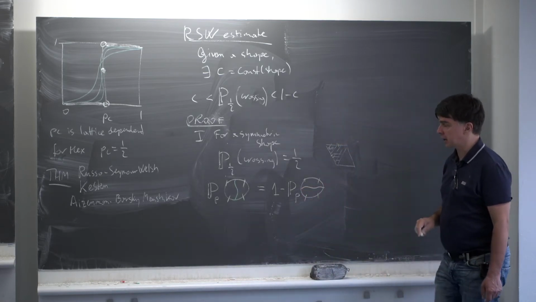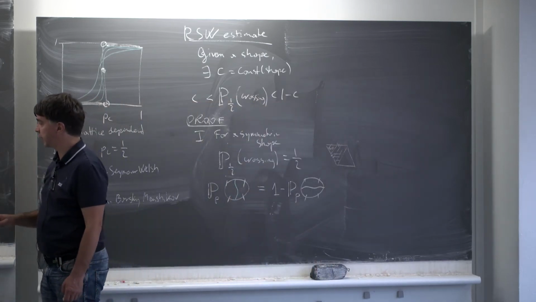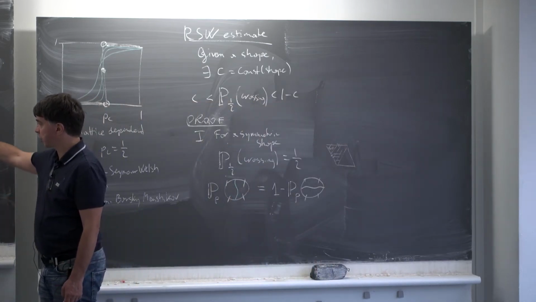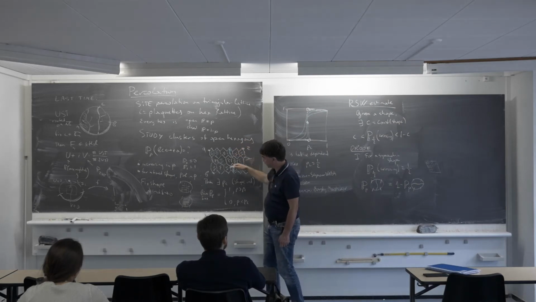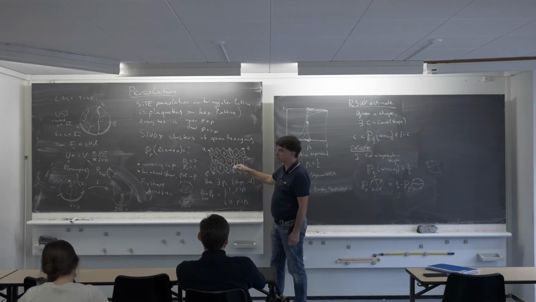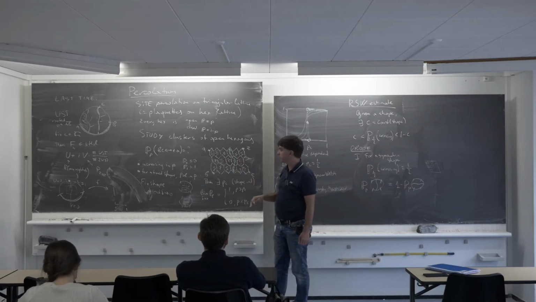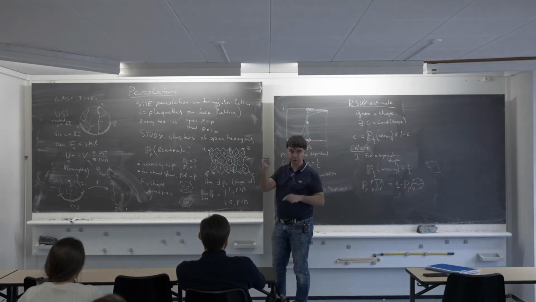This is a property of this particular graph being trivalent. If there is a blue crossing, there is no yellow obstruction. You cannot draw a yellow thing. On the other hand, if there is no blue crossing, then you have to stop, and then there should be some yellow thing which prevents you. So it's a property of the hexagonal lattice. That's not true on a square lattice, because on a square lattice you can have a chessboard covering where half of the squares are yellow, half are blue, and you don't have a crossing.